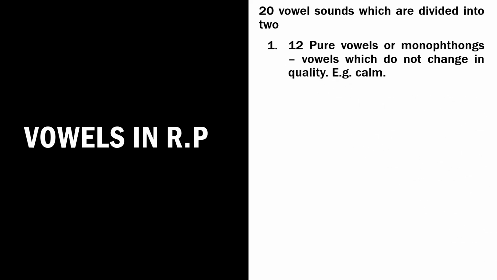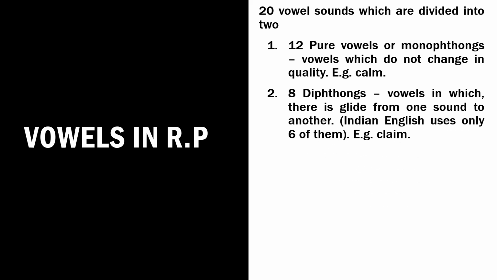So we have completed our introduction to pronunciation, and we learned the small difference between RP, received pronunciation, and other pronunciation. Now we can go to the sounds of the English language. There are 20 vowel sounds, and these 20 vowel sounds are divided into two. 12 out of 20 are known as pure vowels or monophthongs, and the speciality of these pure vowels is that these sounds do not change in quality, like calm.